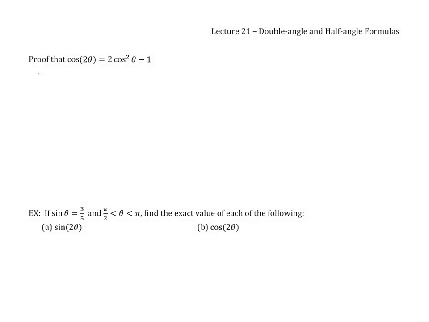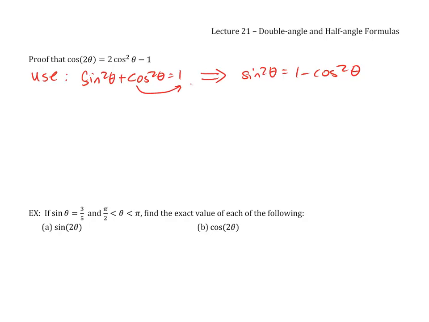And for this last one, simply use the same procedure, only now instead of saying that cosine squared is 1 minus sine squared, we take the Pythagorean identity and show that sine squared of theta would be 1 minus cosine squared of theta, simply by moving cosine squared to the other side, subtracting it from both sides.